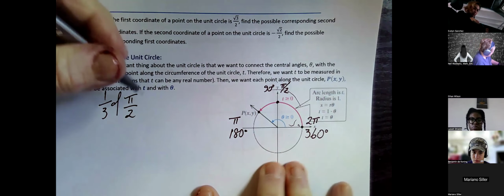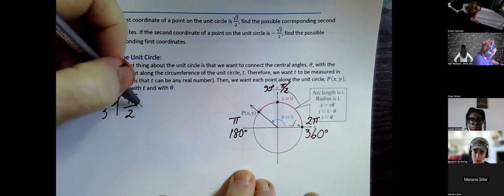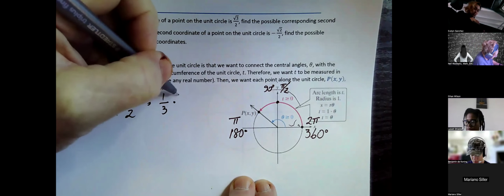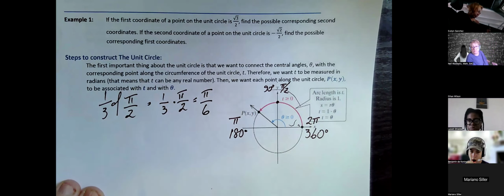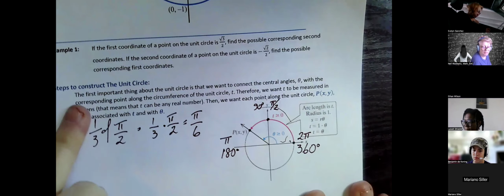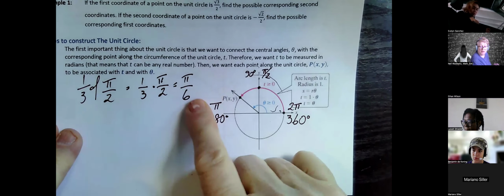Very good. That's right. The "of" means multiply. And so if we multiply, we have 1/3 times pi over 2, and that is pi over 6. So anytime anyone wants you to take a third of something, you just multiply. It's kind of confusing.